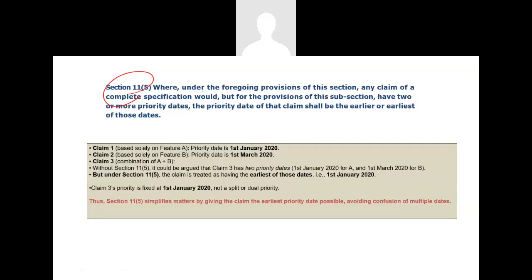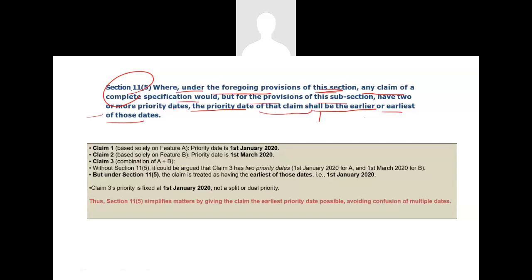In that case, section 11.5 tells us that the priority date of that claim would be the earlier or earliest of those dates. So I'll just read it for you: where under the foregoing provisions of this section, any claim of a complete spec would, but for the provisions of this subsection, have two or more priority dates, then the priority date of that claim shall be the date of the earlier or earliest of those dates.